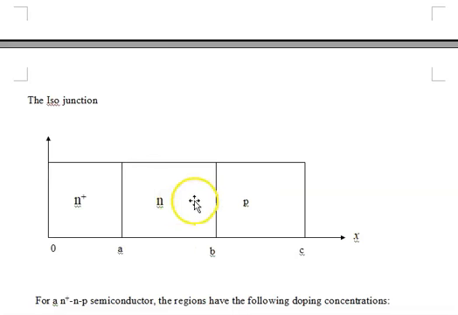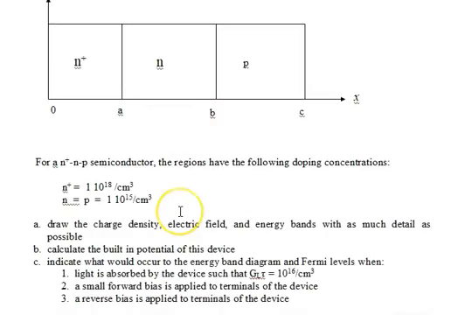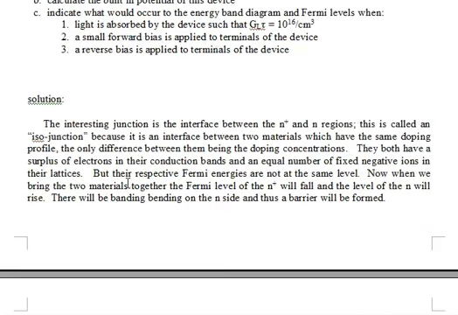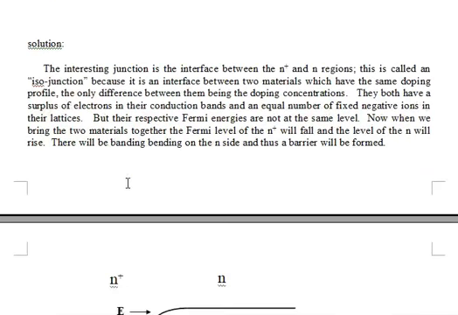I don't believe we're able to access the middle layer here. And so we are asked to just qualitatively describe what would happen if you apply a forward bias or a reverse bias. Okay, so the really interesting thing about this is that we have an N plus in the N region. Those are the two new regions.